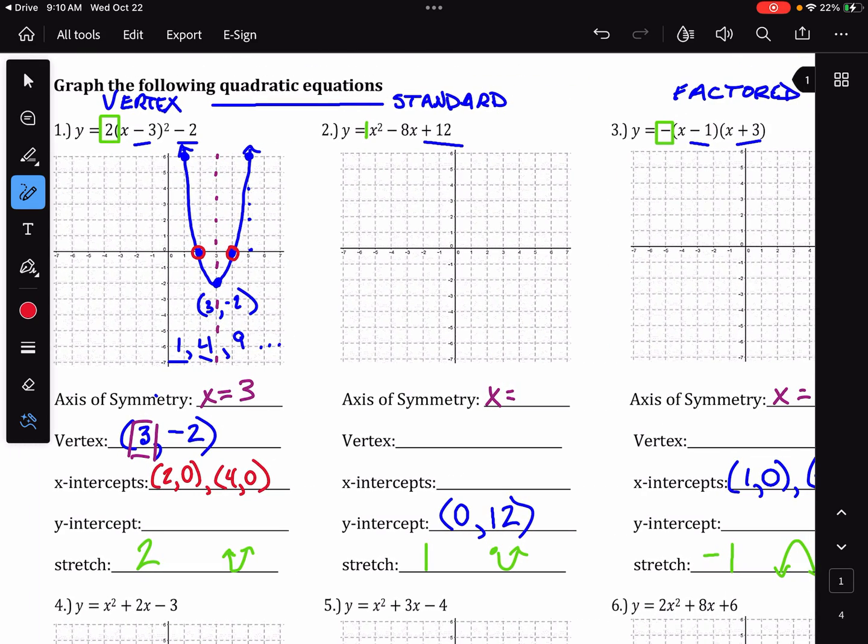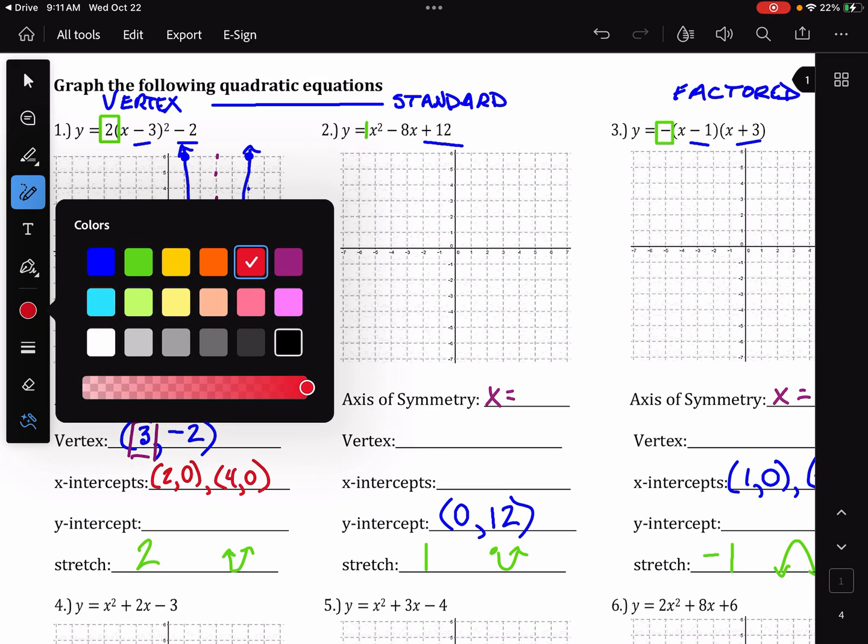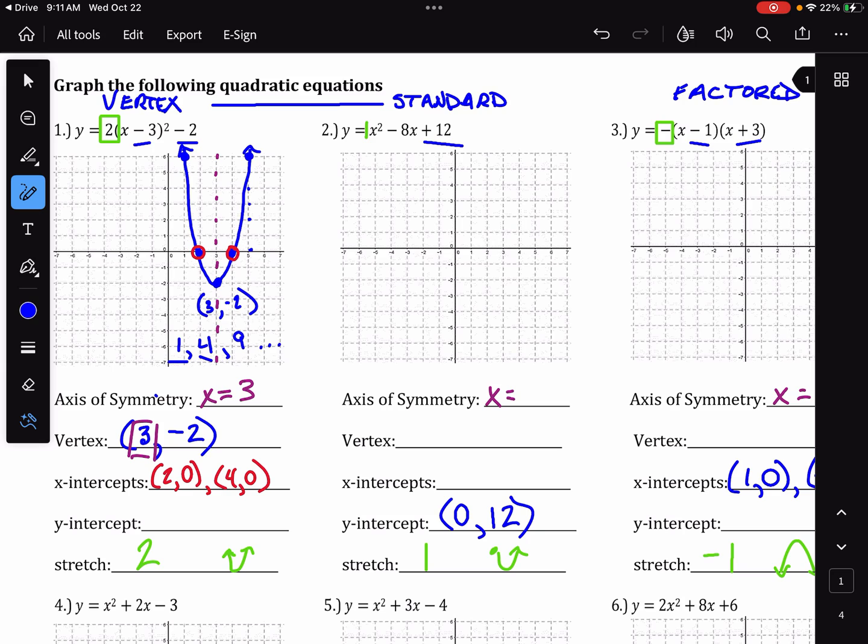There's a couple different ways to go about finding your y-intercept. You could expand and distribute your vertex form and get it into standard form, get your y value that way. Or the way I would probably go about it is that we know that your y-intercept is along this line and your x value at that point is 0.